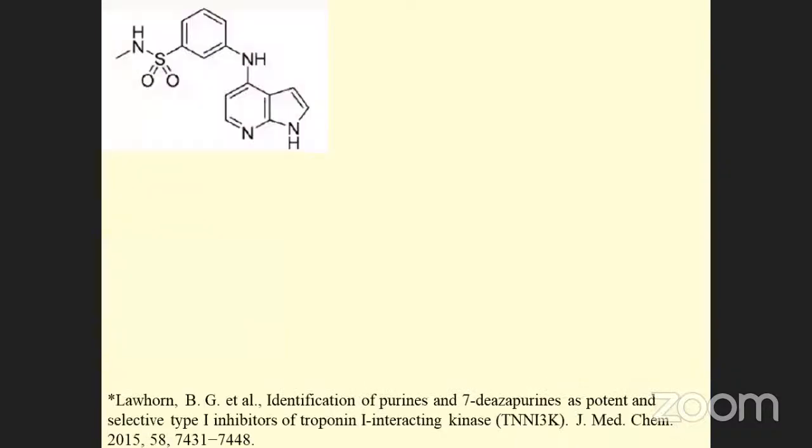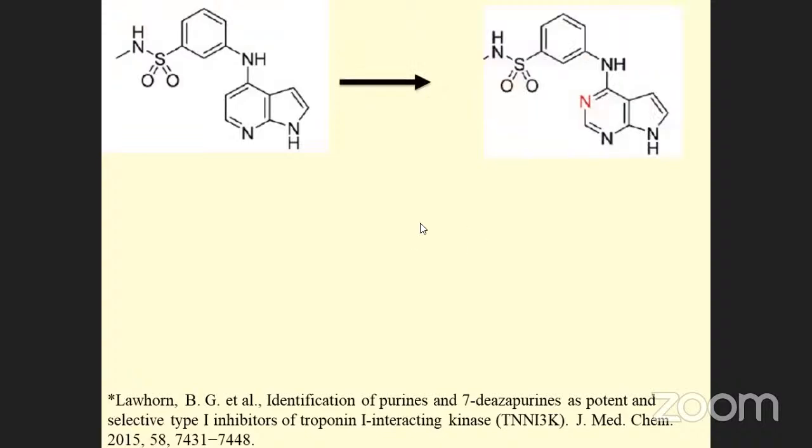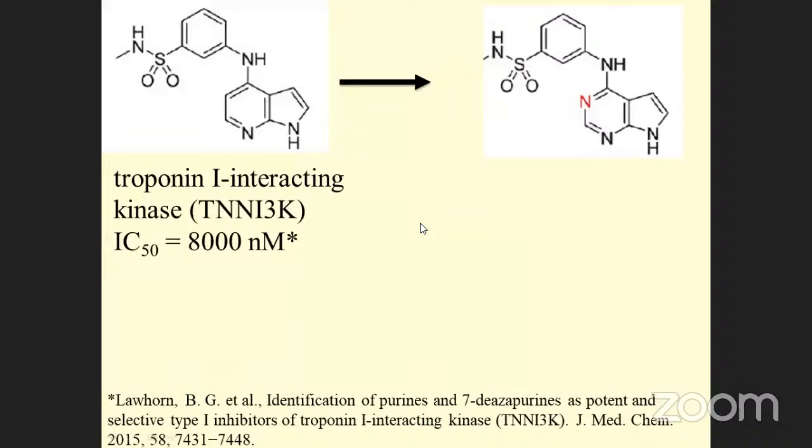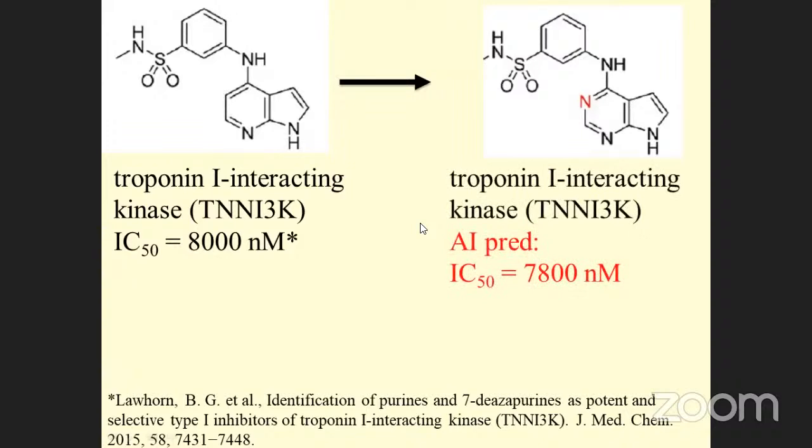Let me show you. Next, here is one drug. Next, please. Now we have two analogs. You can see only the nitrogen is the new entity in the right-hand side molecule. Correct? The rest is the same. You will say there is hardly a change of one atom. What will this nitrogen do? Okay. Let me show you. So this was tested for troponin I interacting kinase, that means for cancer, and its biological activity was found to be 8,000 nanomolar experimentally, and for the same, AI predicted it to be very, very close.